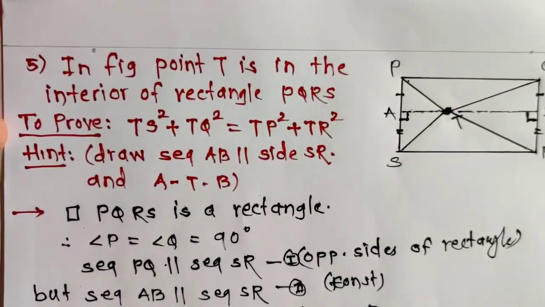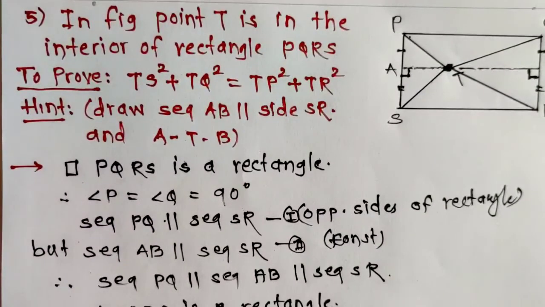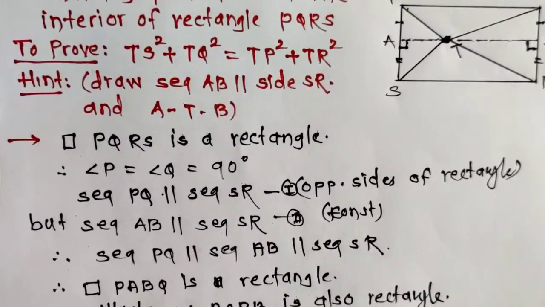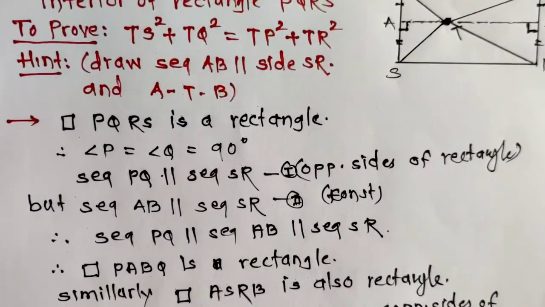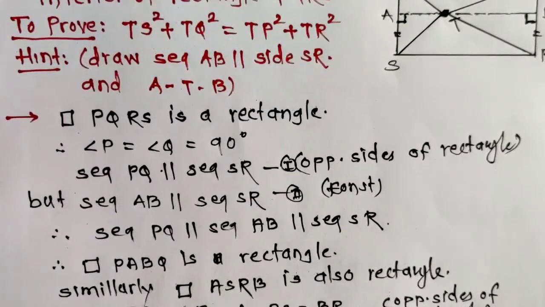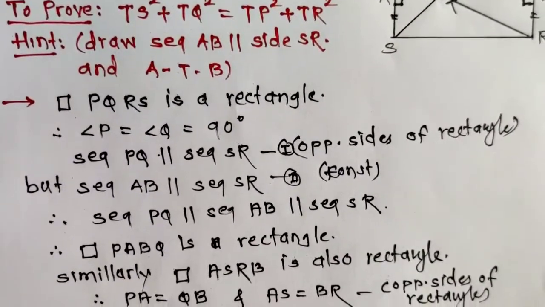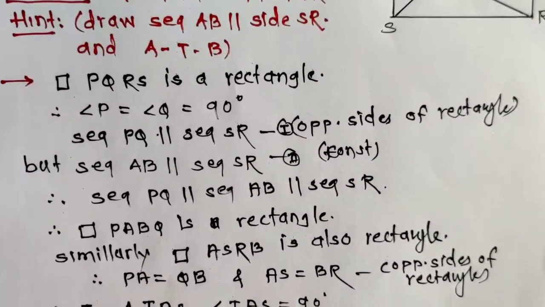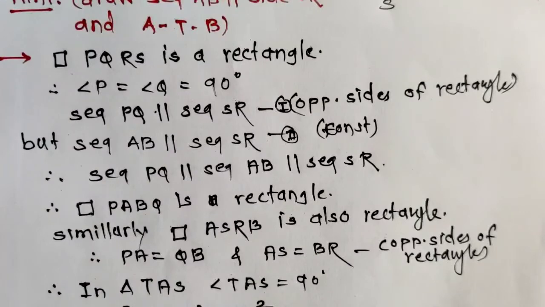So let us observe that sum again, read that sum carefully and try to understand. Here PQRS is a rectangle, therefore angles P and Q are 90 degrees, and opposite sides PQ and SR, you know the property of rectangle, opposite sides are parallel and congruent, so PQ is parallel to SR. According to our construction AB is parallel to SR, therefore PQ is parallel to AB is parallel to SR, and therefore PABQ is a rectangle.